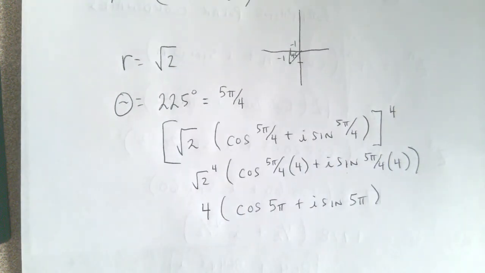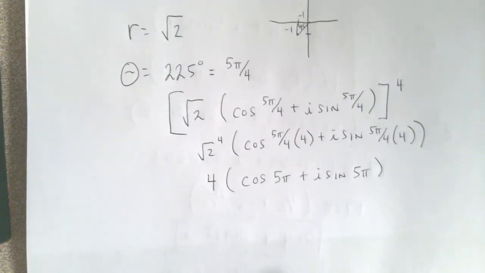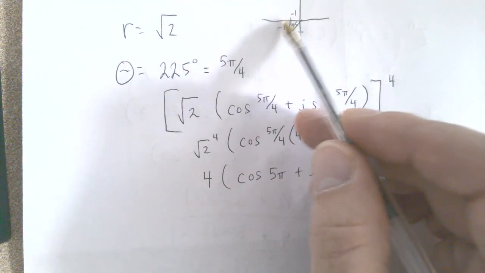If we'd left it in degrees, it's cosine of 900, I sine of 900, because that would be 225 times 4. I think sometimes you think of it in terms of pi, think about where that is on the graph. Basically, 5 pi is going to be at 180.